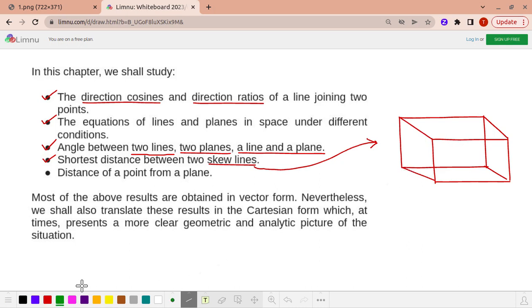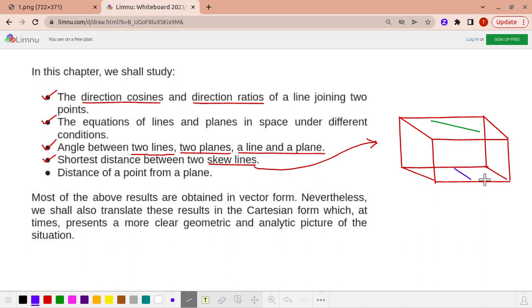Now in this one, if I keep a straight line something like this, in green color, and another straight line in blue color like this. If you think of this cuboid as a house or a room, then the green line is kept on the ceiling and the blue line on the floor.